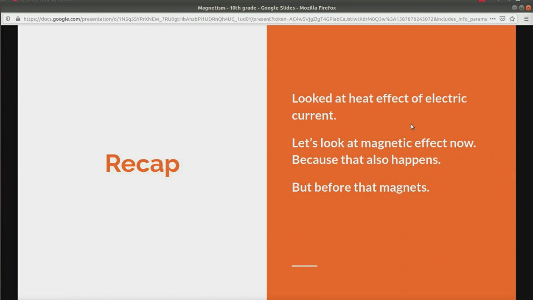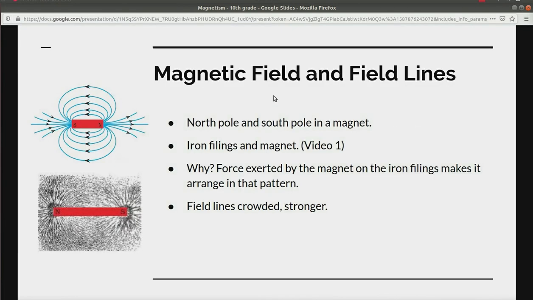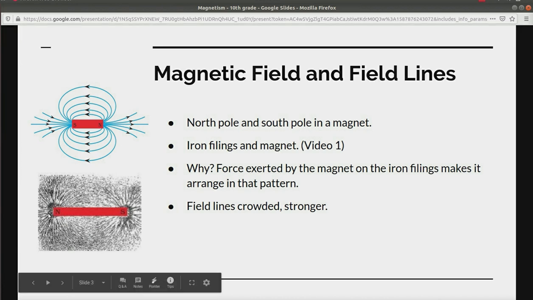We will watch a few videos to see what happens. But just before that, first let us understand what magnets are. Alright, so first video that we will see, I want you guys to first take a look at these two pictures on your left. Okay, these two pictures, especially the second one.